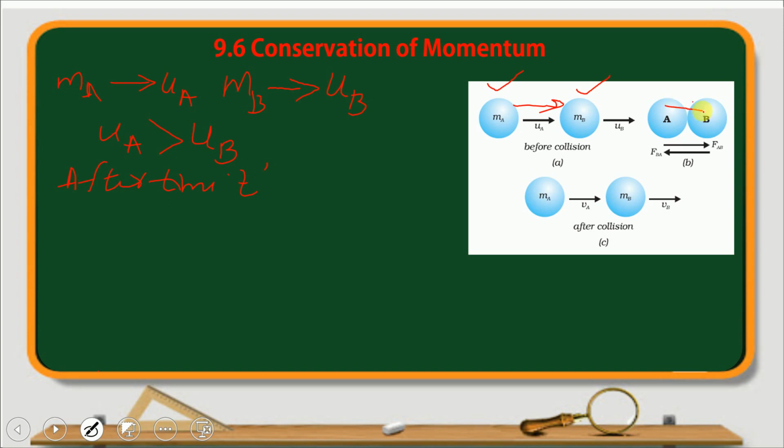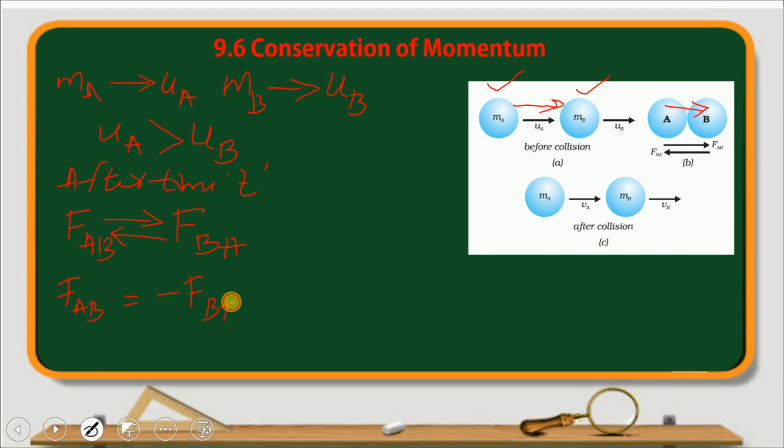A applies a force on B, that is FAB, the force applied by A on B. Then by Newton's third law of motion, B applies a force on A, equal in magnitude but opposite in direction. So FAB is equal to minus FBA.